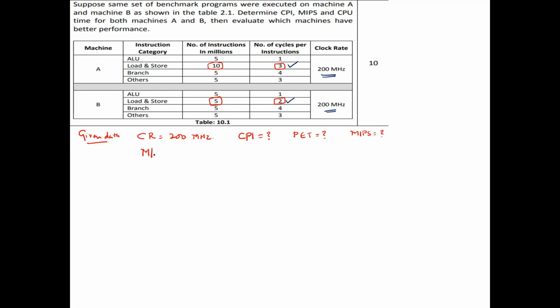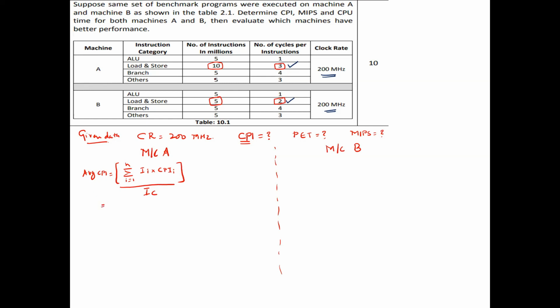We have machine A and machine B. First we will calculate the average CPI. So what is the average CPI formula? Summation of 1 to n, the number of instructions multiplied by cycles per instruction, and whole divided by the instruction count. Got it?